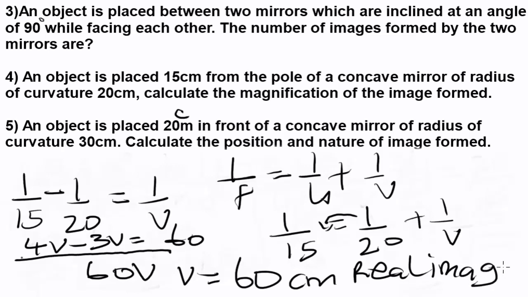Had we got a negative value, it would have been a virtual image. Since we have a positive value, this is a real image. When you have a negative value, it is a virtual image.